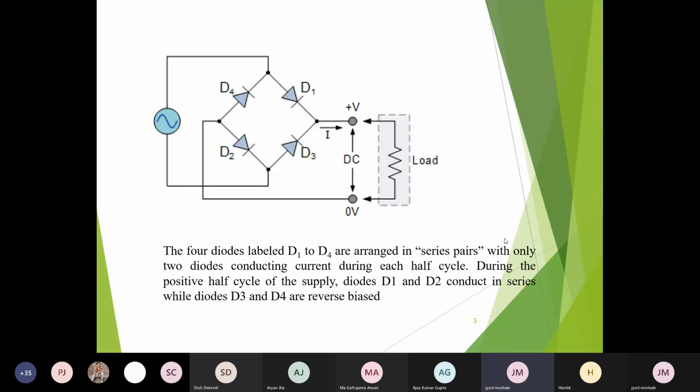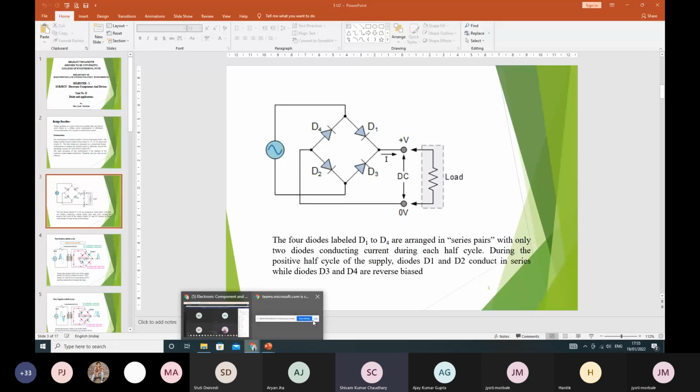Then diode D2, D1 and D2 are in the same orientation, whereas diode D3 and D4 are in the opposite orientation. आपको पता है ये सर्किट डायग्राम कैसे ड्रॉ करना है, what indication you draw this circuit with, और आपको कैसे conceptually ये ड्रॉ करना है पता है आपको? जिधर करंट जाए उधर पॉजिटिव लगाना है टर्मिनल, करंट की डायरेक्शन पे डायोड लगेगा.